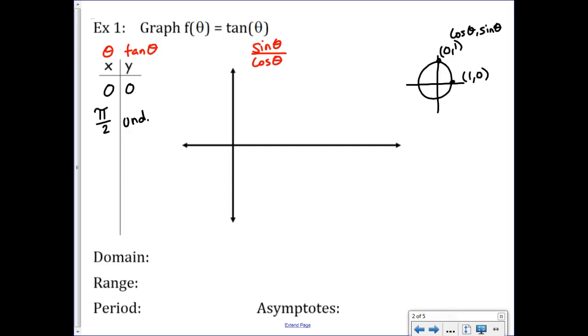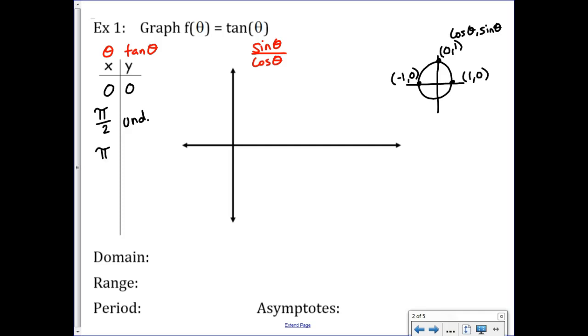We can go to 3 pi over 2. Then, and at 3 pi over 2, we're at -1, 0. Or sorry, that is not 3 pi over 2, that's pi. At pi, we're at -1, 0.